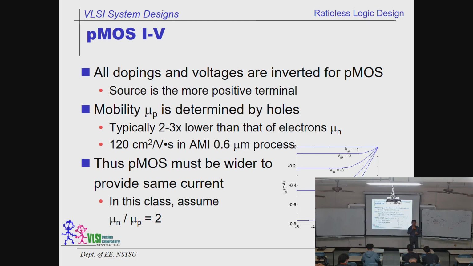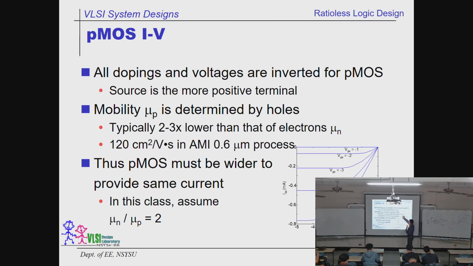So we need negative voltage, so that it can attract holes. And the current direction is also opposite to that of the N device. So negative VGS, negative current, negative VDS. That is why the P device plots sit in the third quadrant of the space.